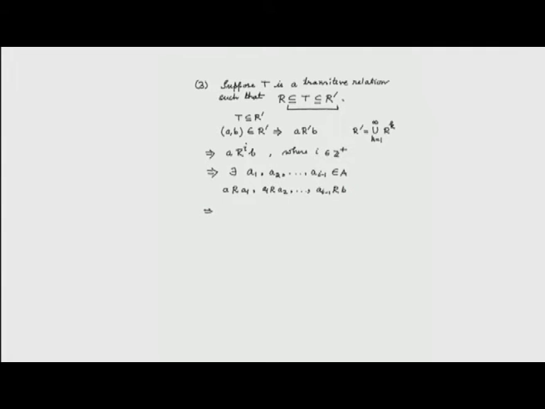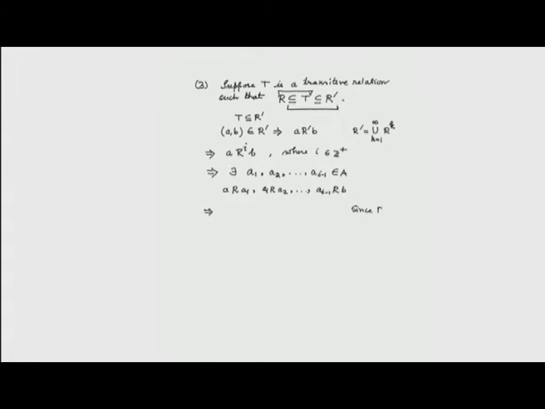Now, in the next step we realize that by our assumption we have R a subset of T. Since R is a subset of T, if we have two elements related through R, then they are also related through T. So, we can just change it to A T A1, A1 T A2, and we proceed like this, and ultimately we will have A(i-1) T B. Now, we know something more about T. We know that T is transitive.